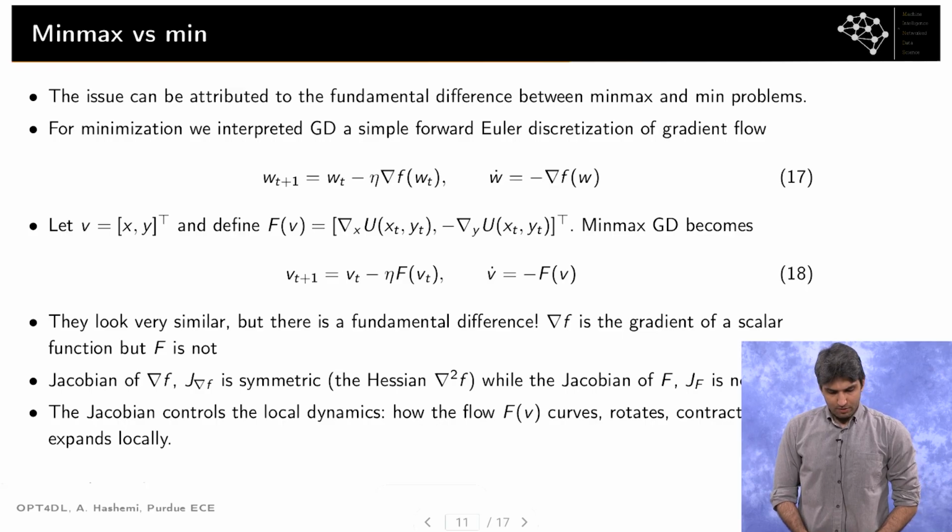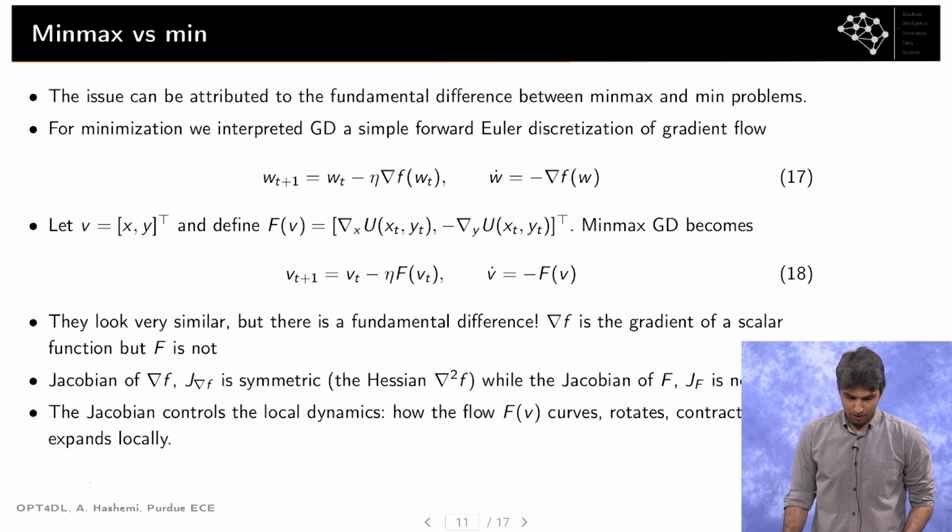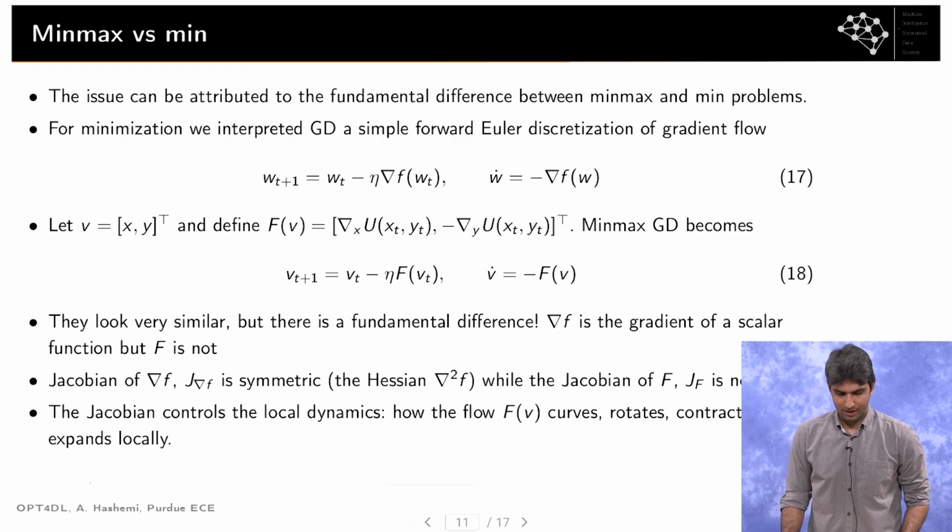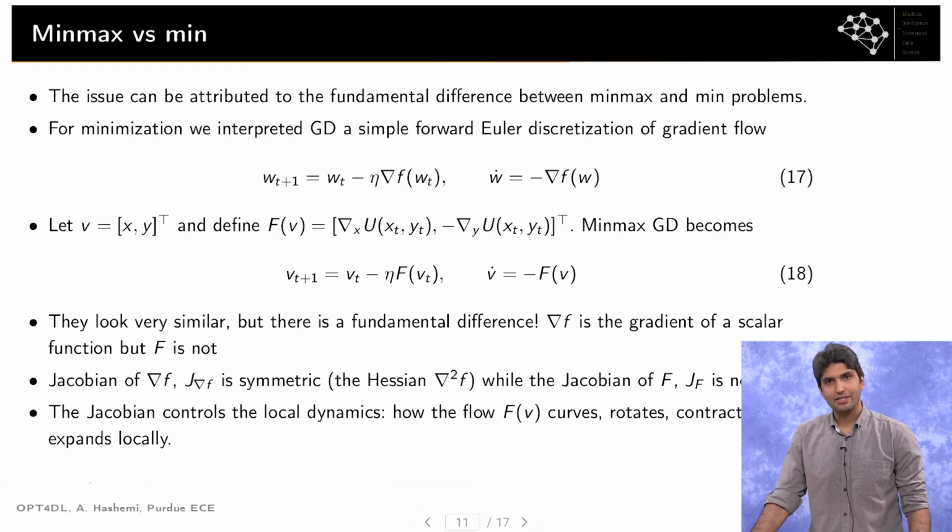The way that I'm going to reveal the differences between min-max and min is through a simple dynamical system view. In particular, we're going to talk about the dynamics of a simple algorithm such as gradient descent in the continuous limit.